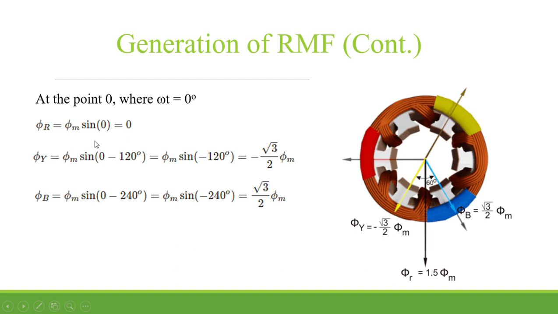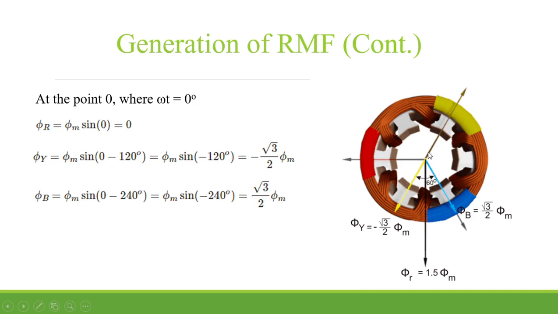Now as phi r is 0, the red one is 0, so we are showing it with grey. Then phi y is minus root 3 by 2 phi m. This minus sign says that we need to draw the phasor 180 degree opposite.